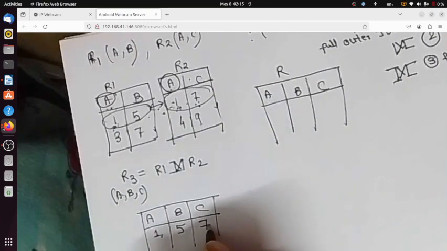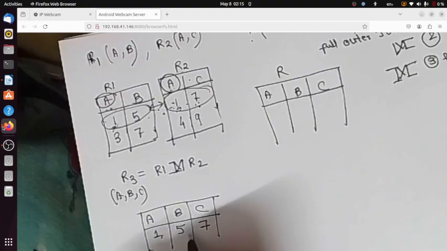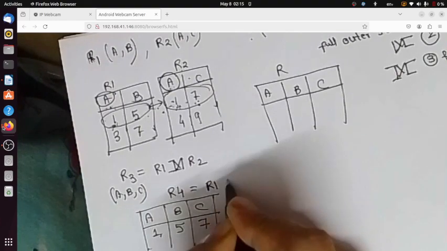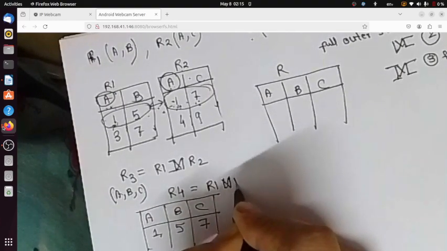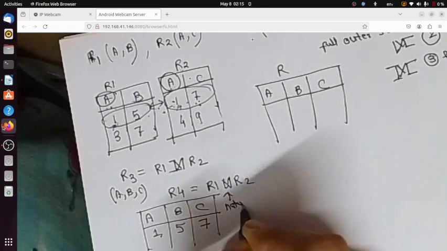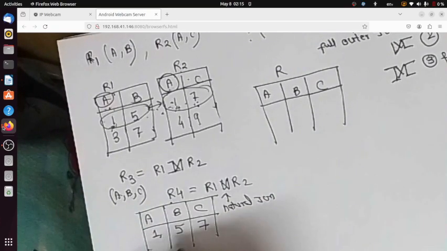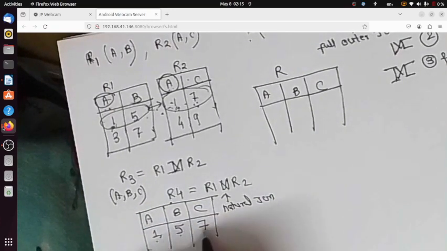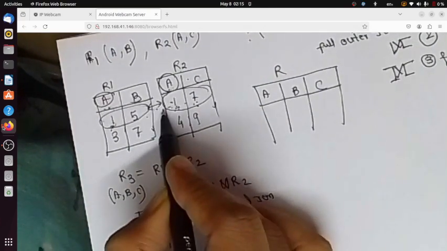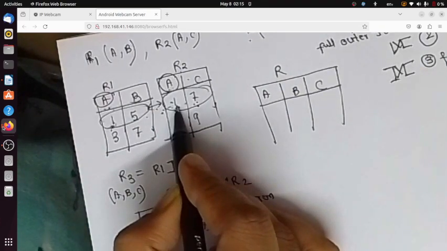So 1 5 7 will be one of the tuples in, suppose, relation R4, which is the natural join between R1 and R2. This operation symbol is for natural join. So after the natural join, in relation R4 there will be one record 1 5 7, which we find by combining the two records that have matched values in their common attribute.